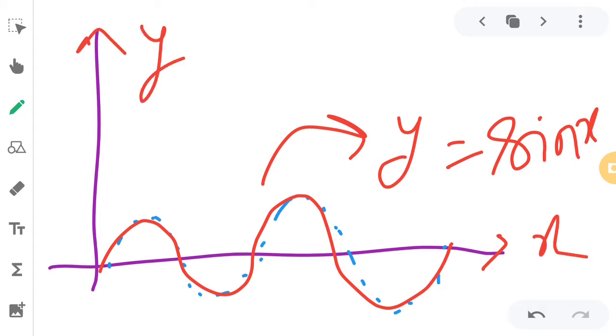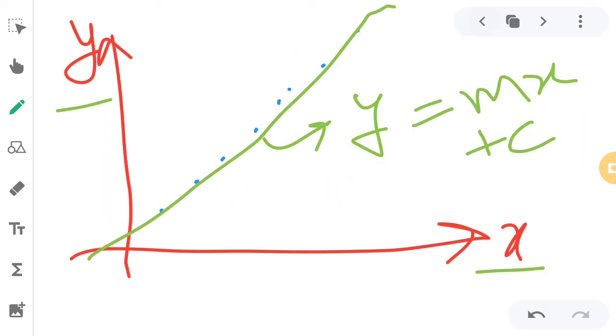So what we are doing here, we are establishing a relationship between x and y, and this relation is regression. What is the definition?